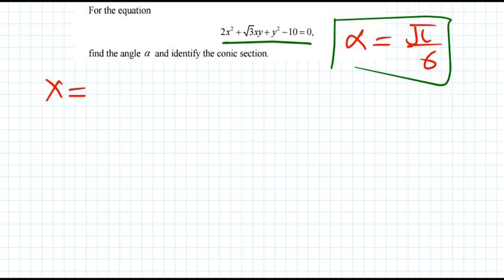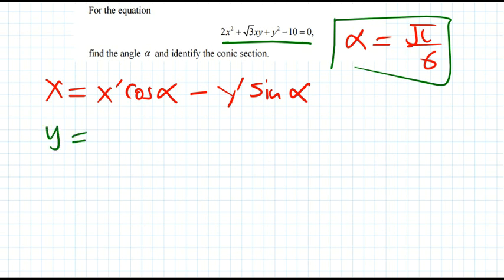So we said the formula is x is equal to x prime cosine alpha minus y prime sine alpha, right? And then for y, what was it? We said x prime sine alpha, the sign was opposite, plus y prime cosine alpha.